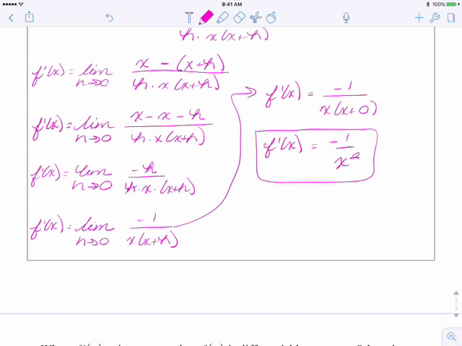So negative 1 over x squared is the derivative of f of x. What that means is that you can use this formula to find f prime of any value of x that you want, except for where f prime does not exist. In this situation, you couldn't find f prime of 0 because f prime of 0 would result in an undefined fraction. So if you wanted to find, say, f prime of 1, you can just plug 1 in for the x in this derivative formula.